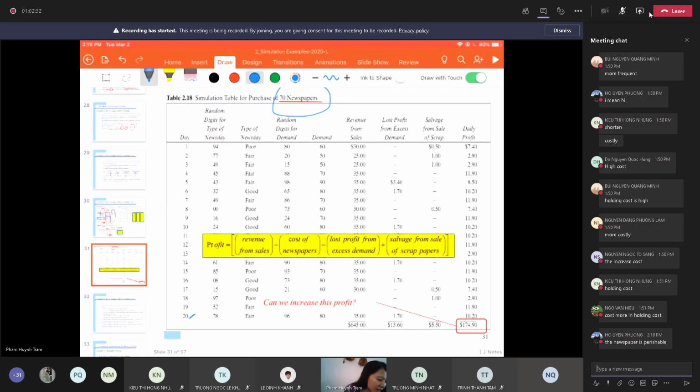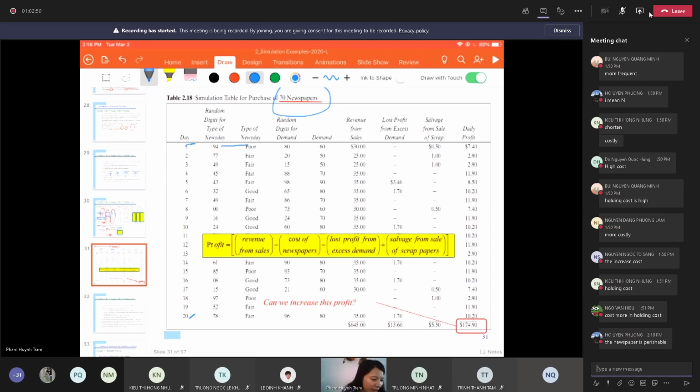Now we start with day 1. We need to know if it's a poor, fair, or good day, so we generate a random digit for the type of news day, and we get a poor day.